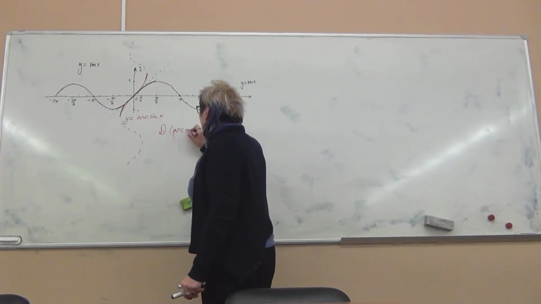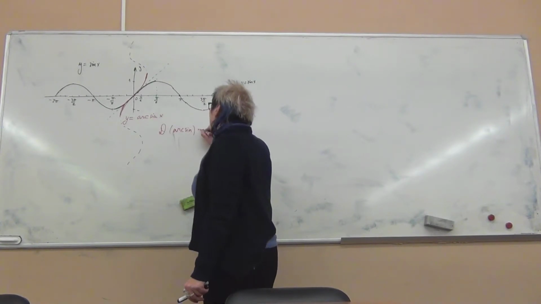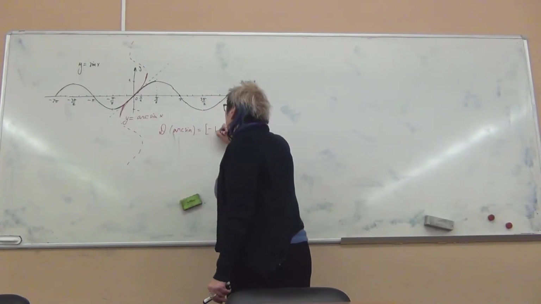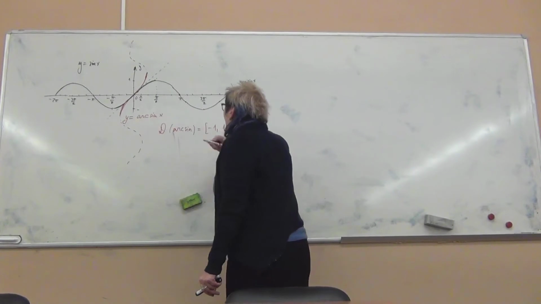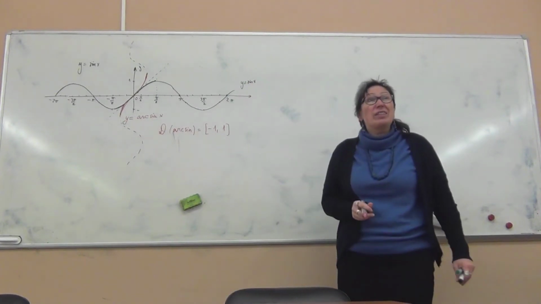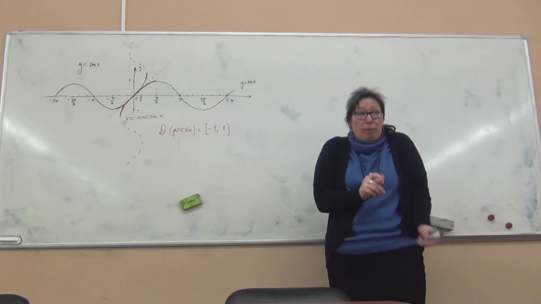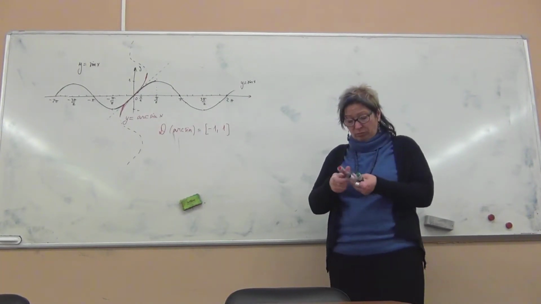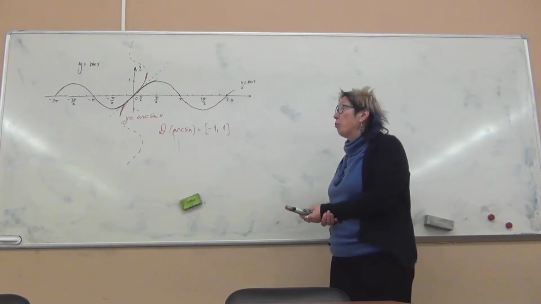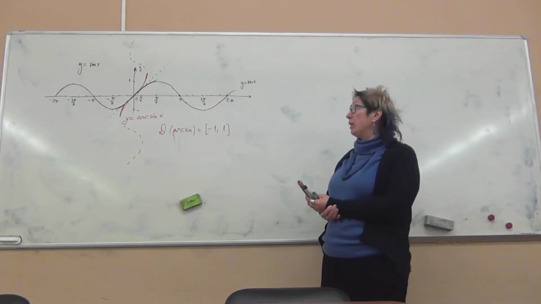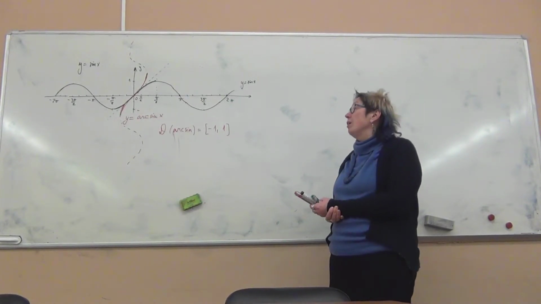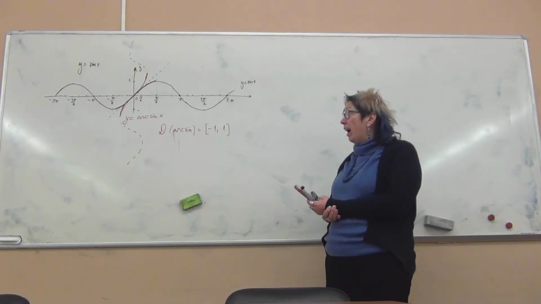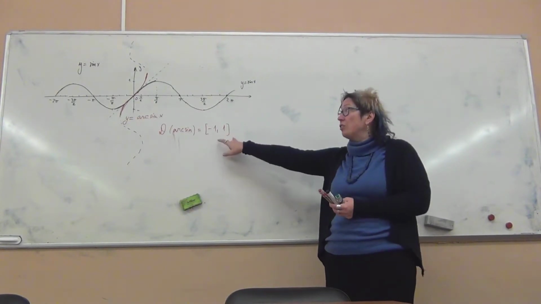The domain of the arcsine function is from -1 to 1, because those are the possible sine values that might happen at all. The only sine values that we can have are between -1 and 1, and therefore the domain of the arcsine function is just this.